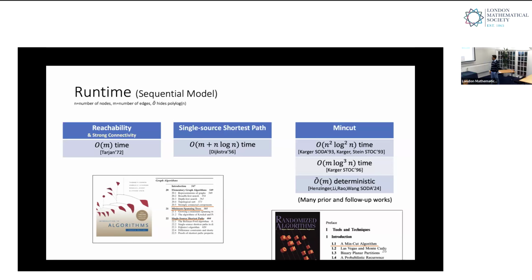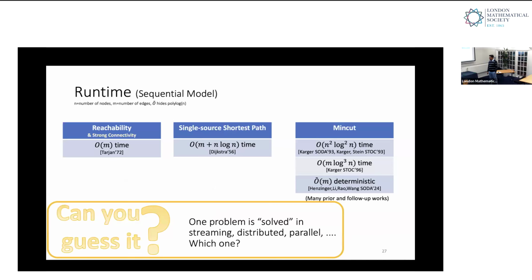So those are there. Now, if I ask you the question, which one of these problems can be solved in multiple computation models in an optimal way, what would be your guess? Which algorithm is it? Any guesses?